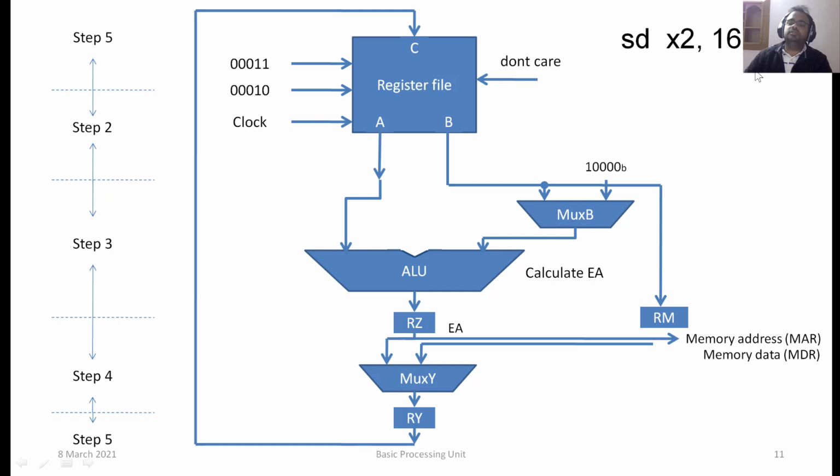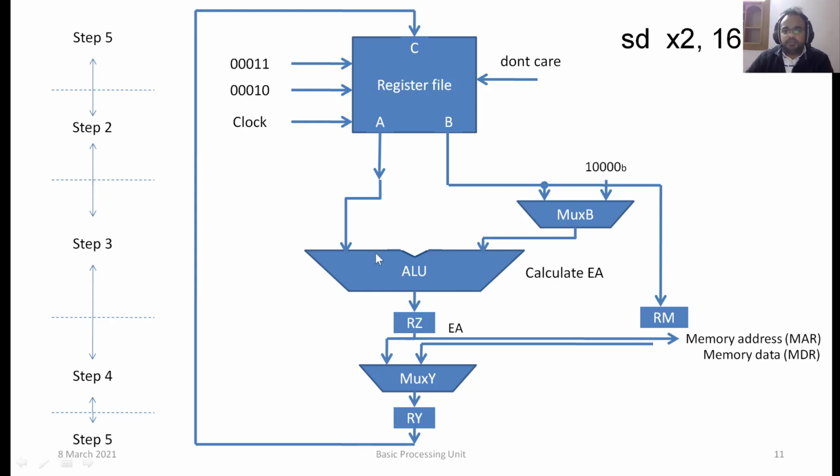The value in X2 needs to be stored in the location which is given by the value in X3 plus 16, right? Now accordingly, the value B is forwarded in step 3 to a temporary buffer which is RM, right?